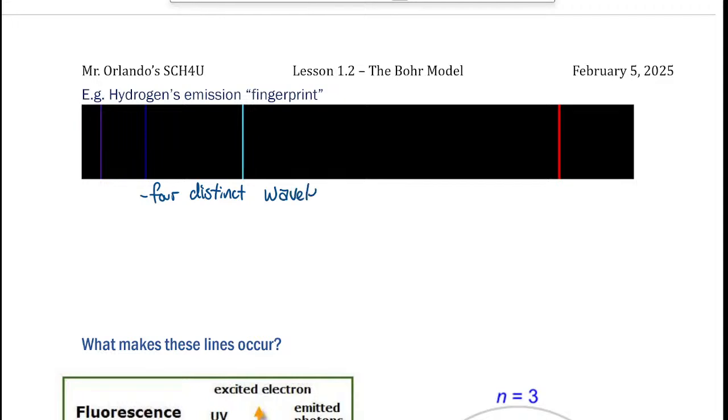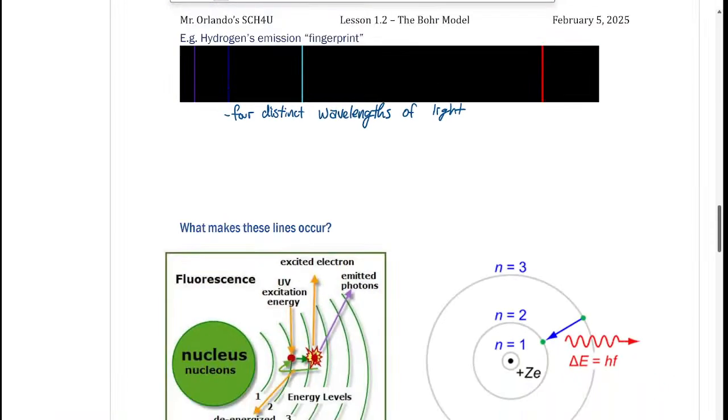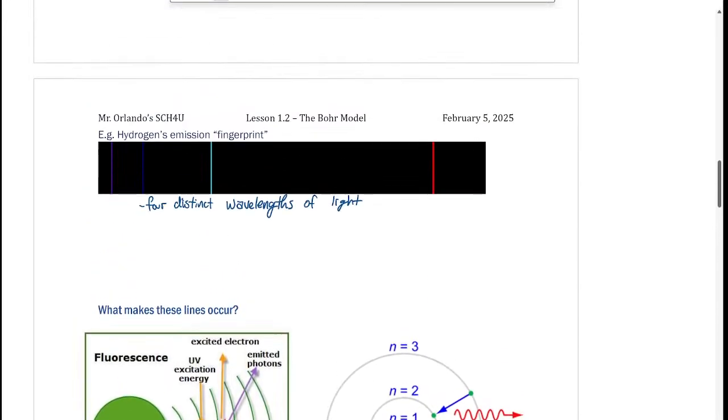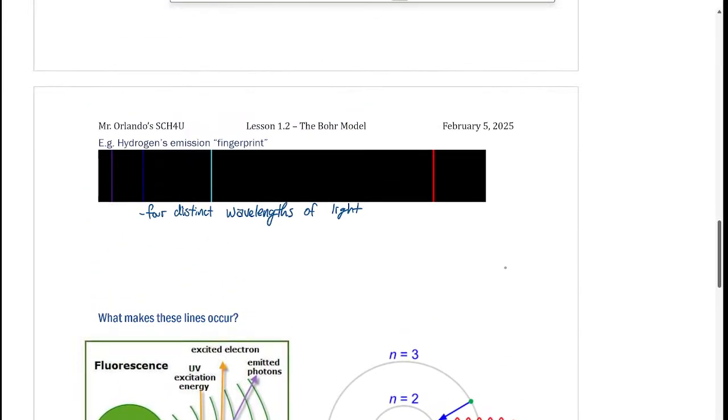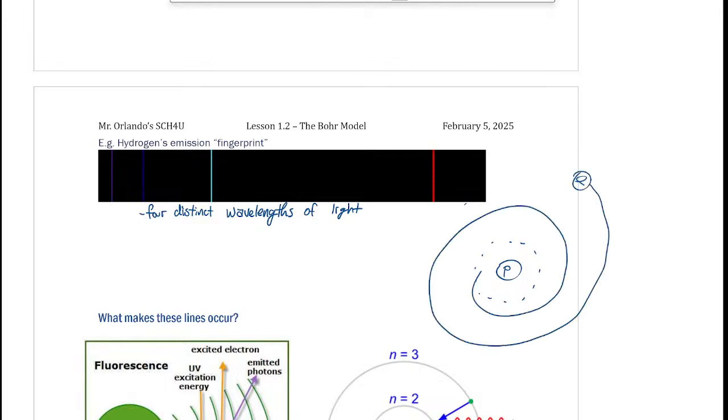And Niels Bohr is able to interpret from this something very important, which is that this is not what it would look like if an electron just spiraled down. If an electron spiraled down, so if its ground orbit was here, and it had been way out here, and it spiraled its way down to its ground orbit, you would see that here it's losing just a little bit of energy, and a bit more and a bit more.